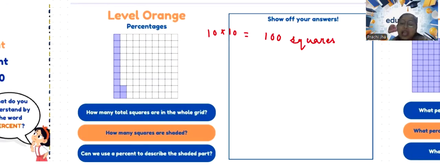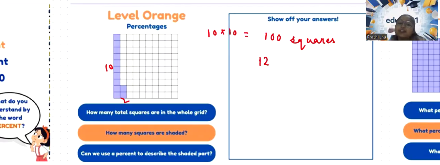Now, how many of them are shaded? That's going to be 12, because 10 from this row and 2 from this, so that makes 12. Now, 12 of them are shaded.